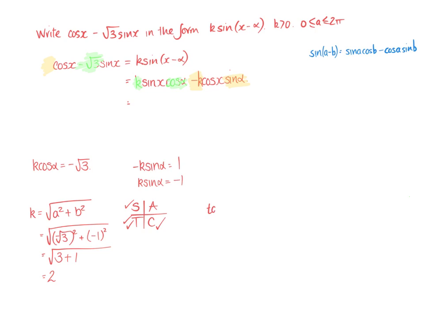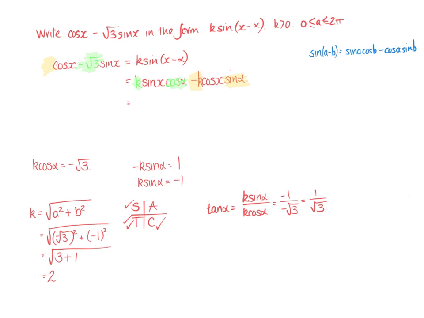So we know that tan of alpha is equal to k sine alpha over k cos alpha. So we're going to have minus 1 over minus root 3. So we just get the negatives cancel out, 1 over root 3.